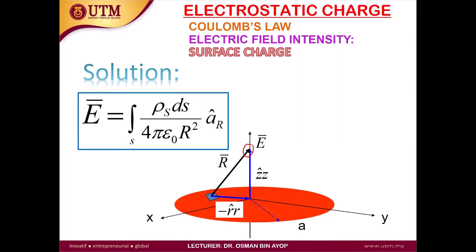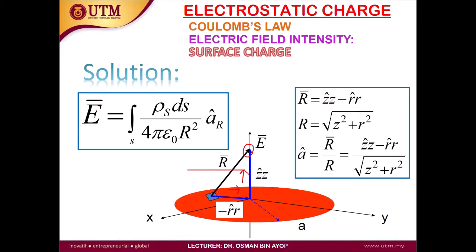This is using the concept of trigonometry. We have negative r in the direction of r and z in the direction of z, because it's going up. That is the situation.